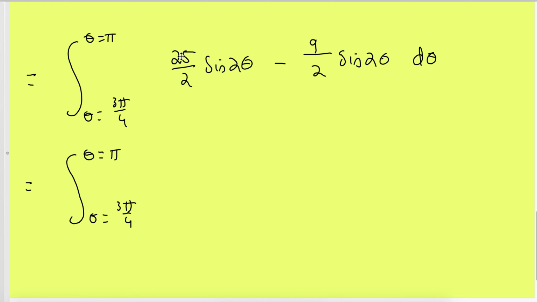That just simplifies. 25 take away 9 is 16. 16 over 2 gives you your 8, so 8 sine 2 theta d theta.